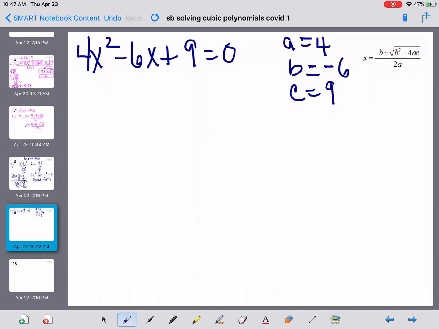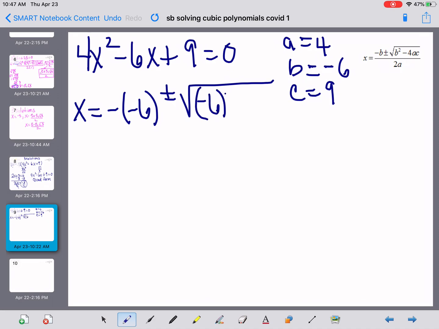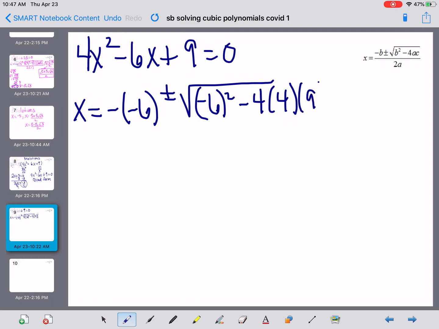But what we're going to do, fill it in. X equals the opposite of b plus or minus the square root of b squared, minus 4 times a times c, all divided by 2 times a.